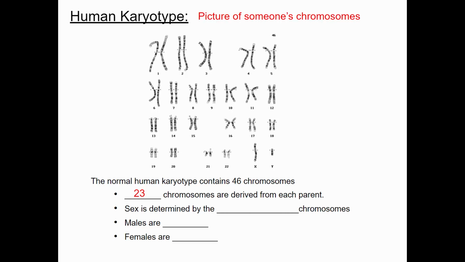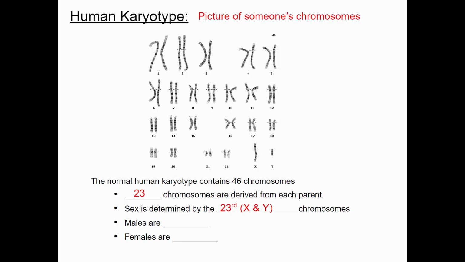Now you'll notice that these chromosomes are numbered. Usually number 1 is the longest set of chromosomes, and then they get shorter as we move on. But when you look at this diagram, you notice the numbering and what happens at the end. X and Y. We get to this set of chromosomes here. In humans, this is a special set of chromosomes. You see they're not labeled with a number, they're labeled X and Y. These are called the sex chromosomes.